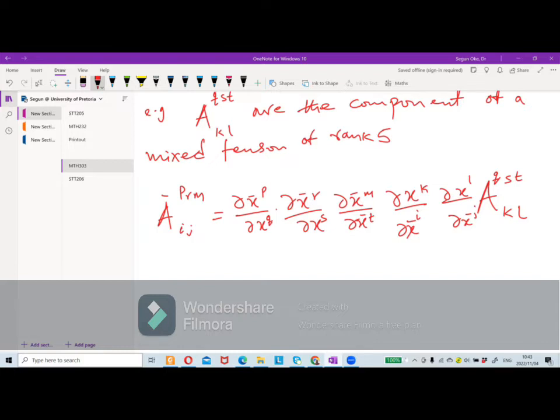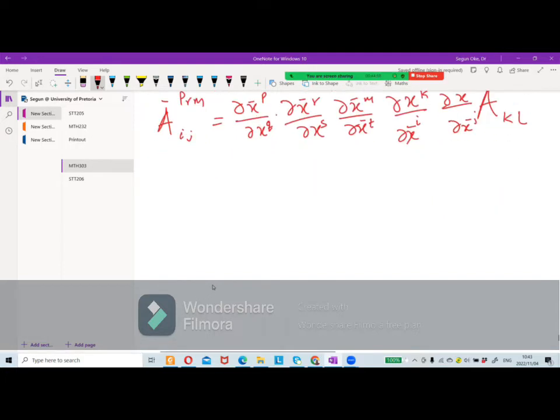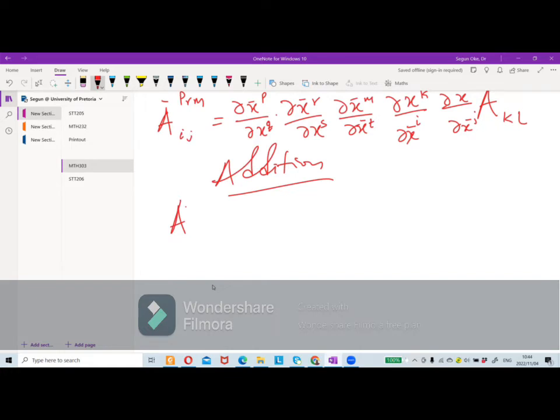For example, if you look at the sum now, how do we do the sum? Part of the operation we're using addition. For the addition now, if you have A raised to power MPQ and B raised to power MPQ, both are tensors and they want you to add them together.